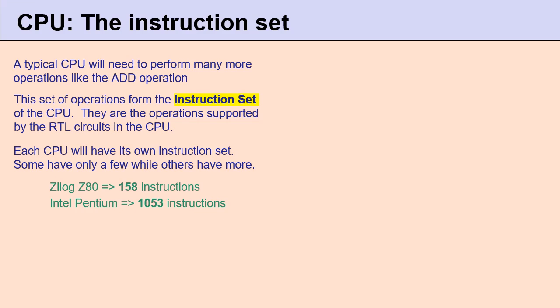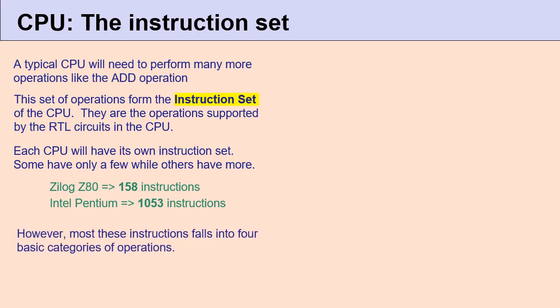Even though the instruction set itself is highly dependent on the type of the CPU, if you look across different CPU manufacturers, we will see that there are common categories of instructions that are supported in almost every CPU. For example, there's a category of operations that we call the data movement operations.